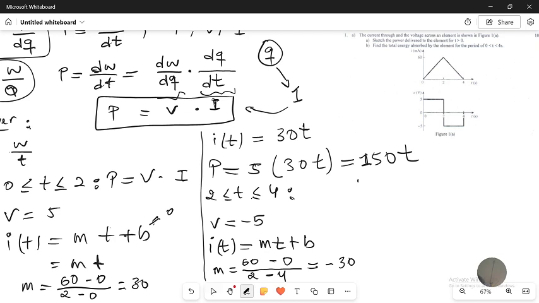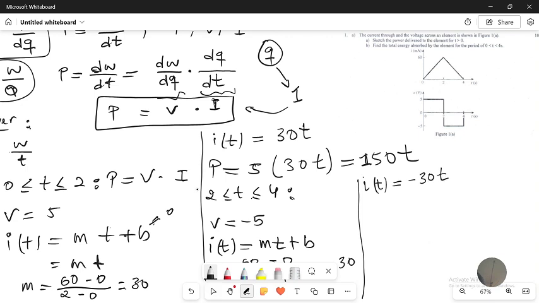So my i(t) is going to be equal to minus 30t plus b. Now let's determine the value of b. I have to choose one point.